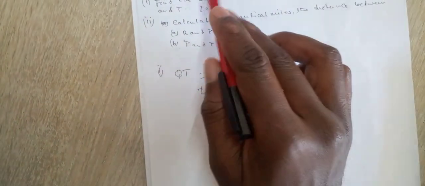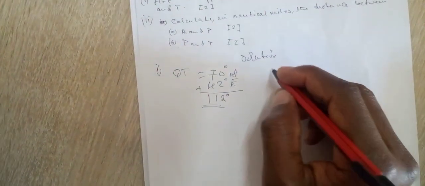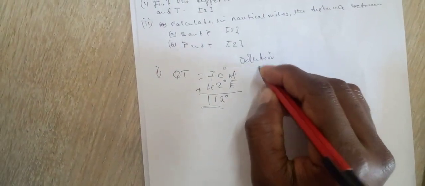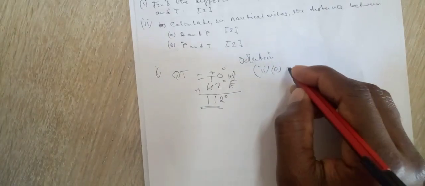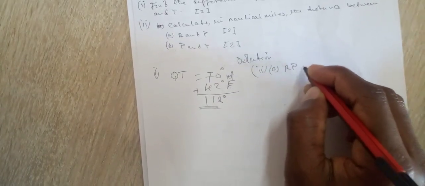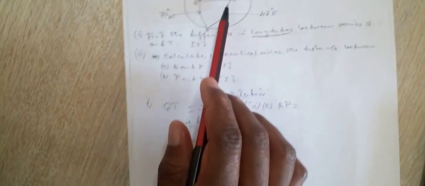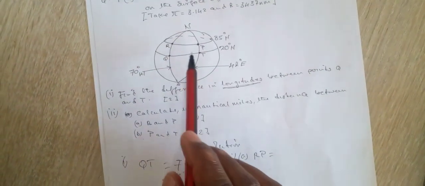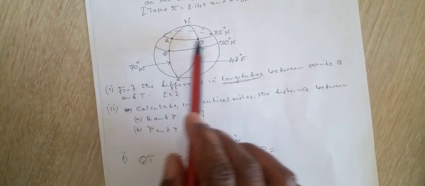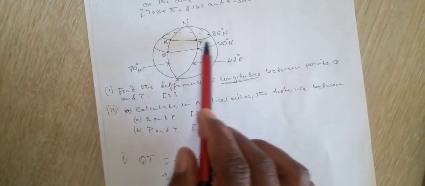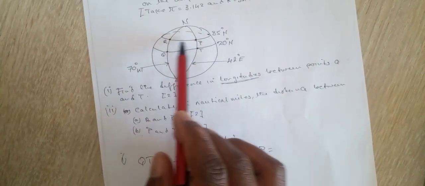So we want to calculate the distance between R and P. Roman numeral 2, question A, we are finding the distance RP. Now, the distance RP, from my previous video, you notice that this is the distance along the lines of latitude. So the concept should be understood.